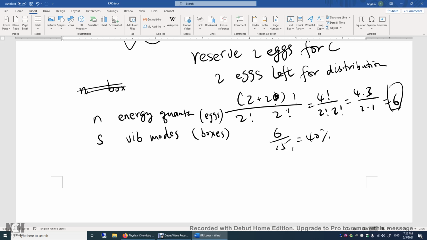of one of the special vibrational modes, let's say the special vibrational mode, getting at least n double dagger energy quanta.